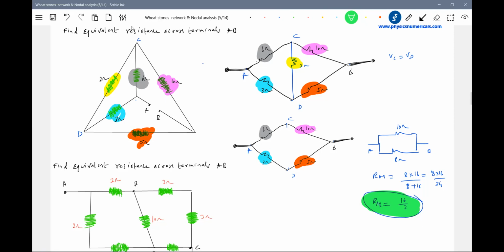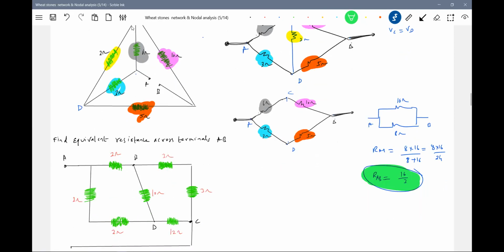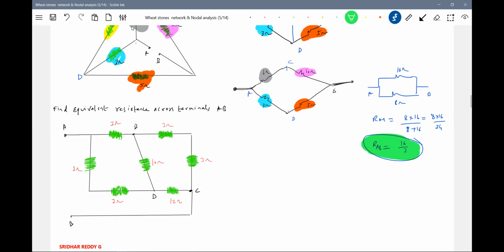Whenever there are more than 4 or 5 resistances, you must think about a Wheatstone network. Now once again, look at this one. 2 ohm, these two are in series, 4 ohm. These two are in series, 6 ohm.